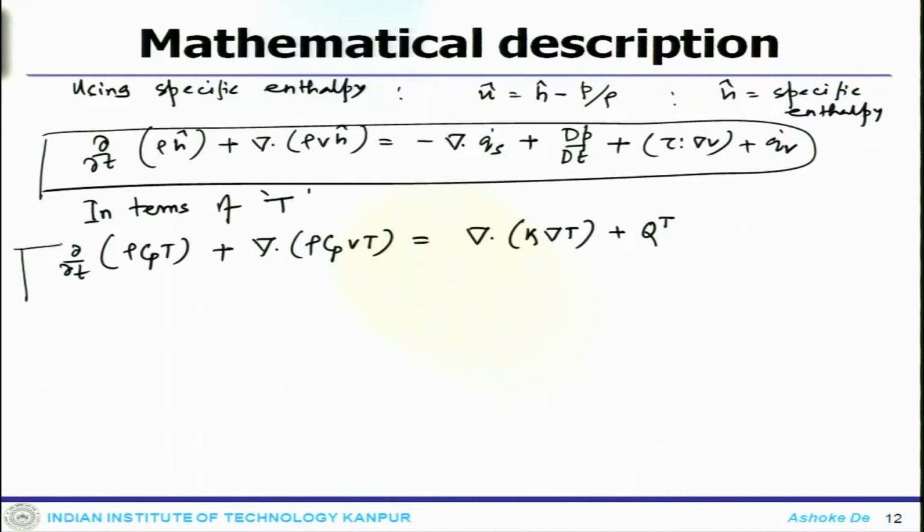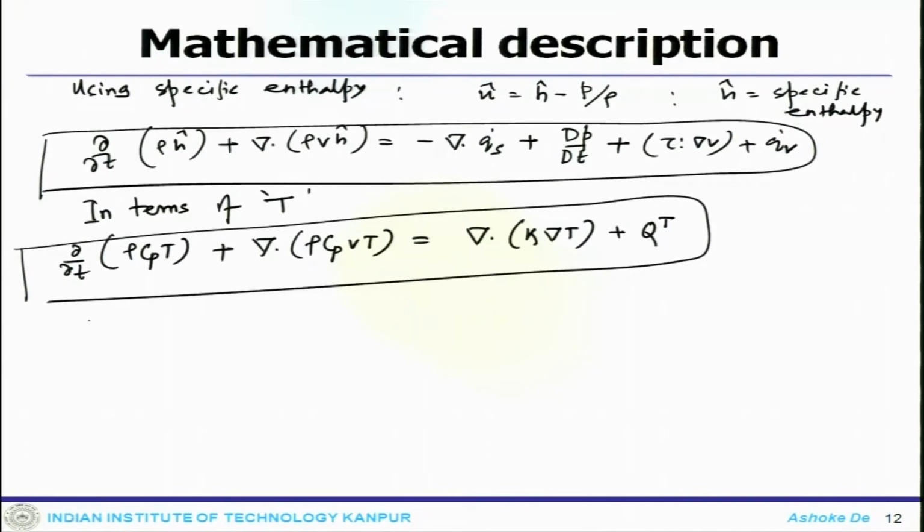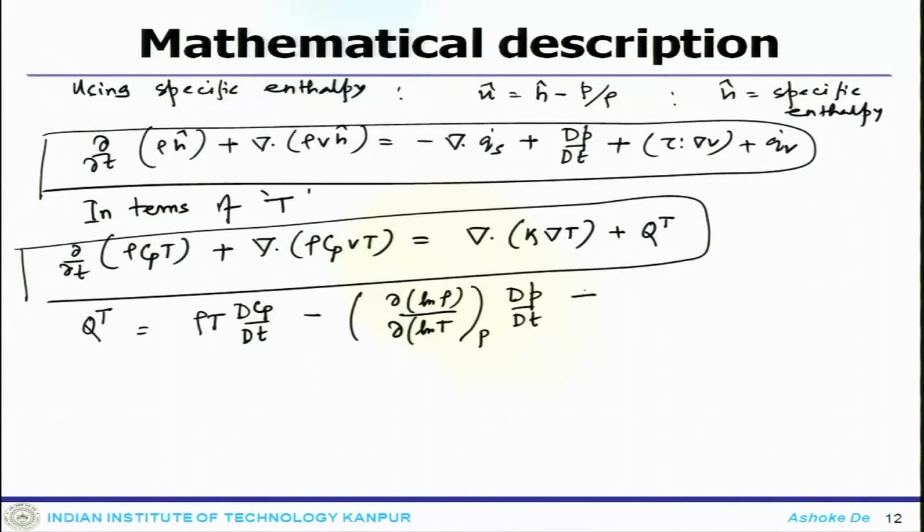So, this is in terms of temperature, where my Q_T is nothing but rho T dCp/dt minus del ln rho by del ln T at constant pressure into dP/dt plus lambda psi plus mu phi plus q dot V. So, these are all different components of that Q_T.